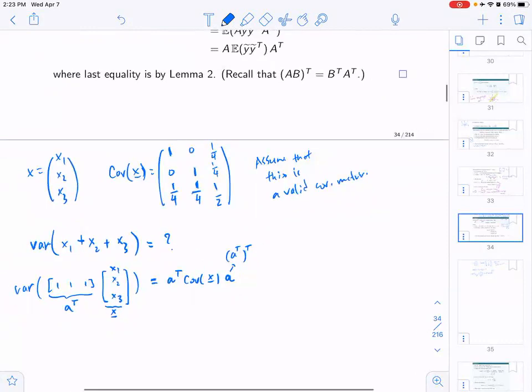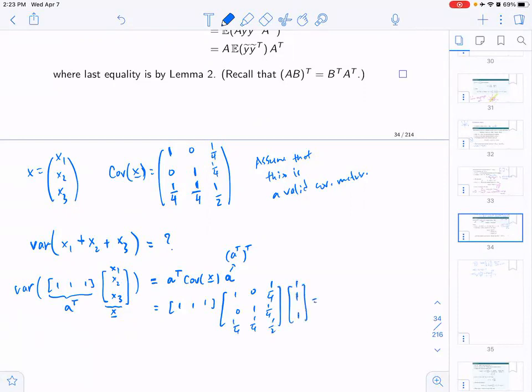If you call this A transpose, then the transpose of it would be just A. So this would be just 1, 1, 1, 1, 0, 1 fourth, 0, 1, 1 fourth, 1 fourth, 1 half. And then you multiply it out and you get your result.